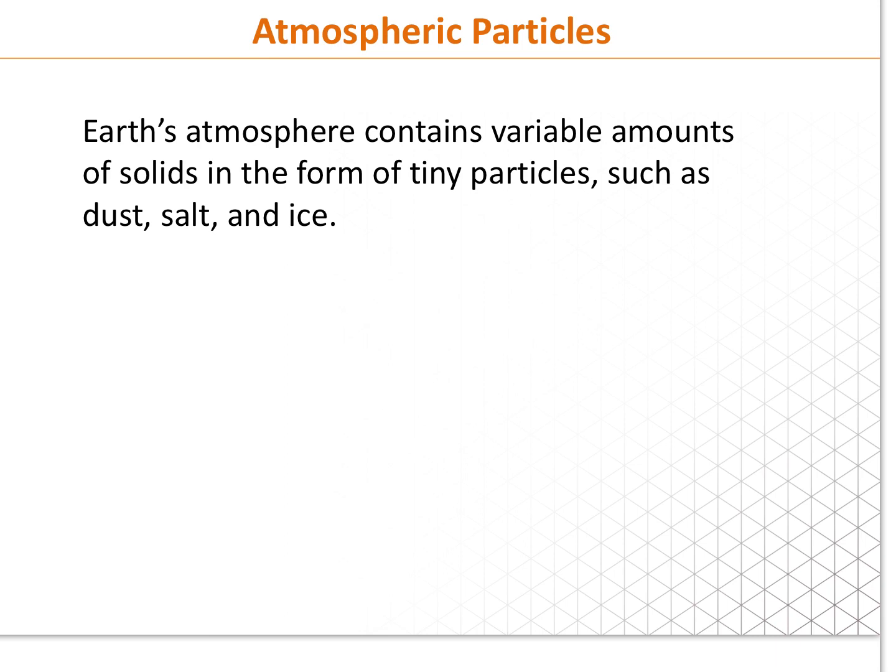There are some other things, though, out there, right? There's some tiny particles: dust, salt, ice. When we think about dust, soot, pollen, all of these can actually be what we call condensation nuclei, which are going to be important for forming water droplets.